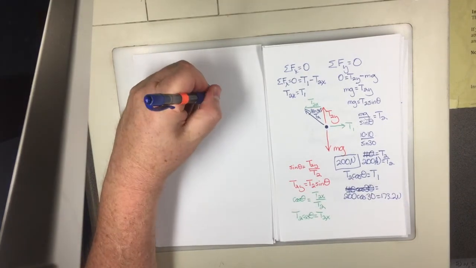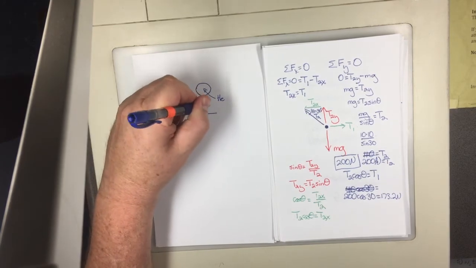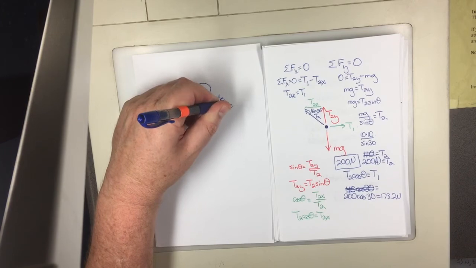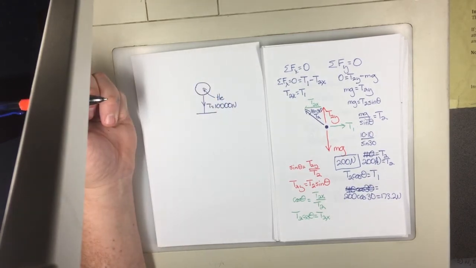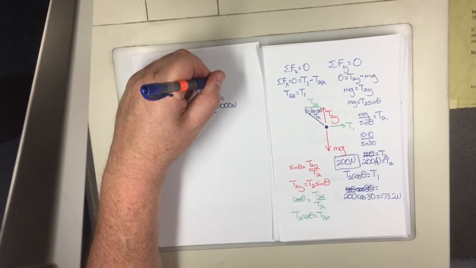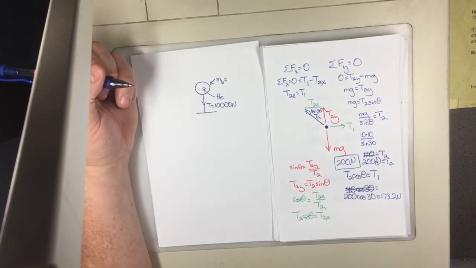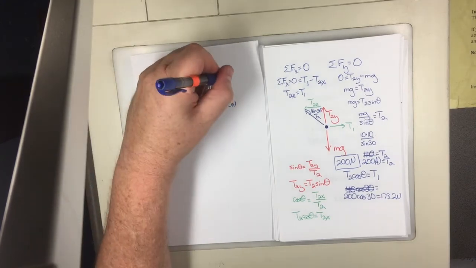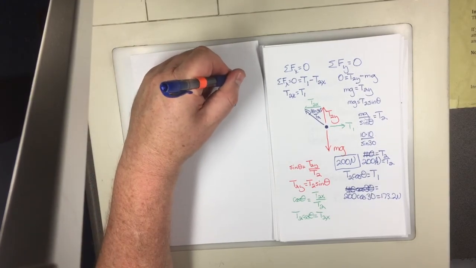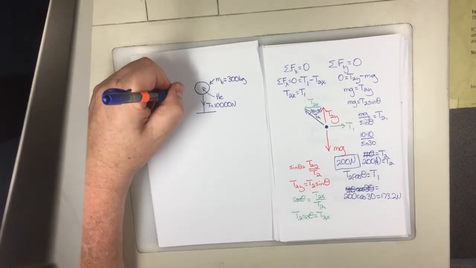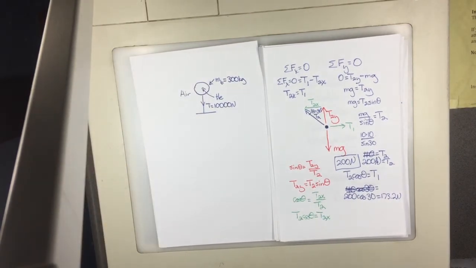The tension in the string is 10,000 newtons. The mass of the balloon itself is 300 kilograms. Air is on the outside.